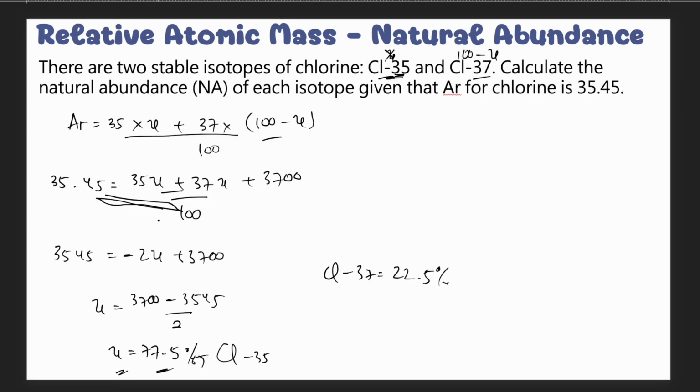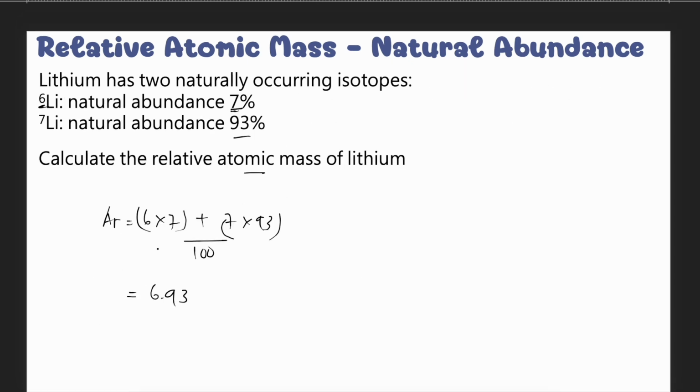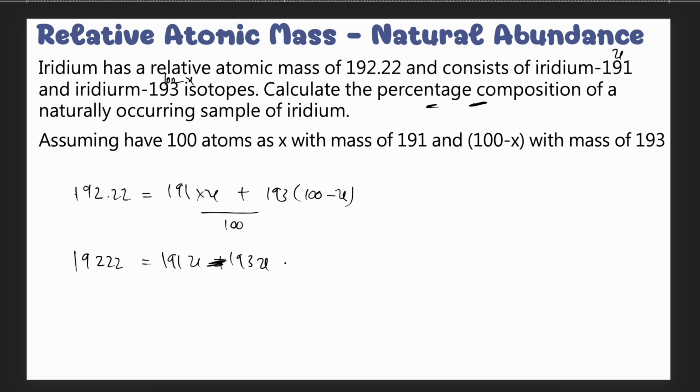Sorry, this one should be minus. I made a mistake here, but anyway, 191x minus 193x, so negative 2x, and then plus 19,300.